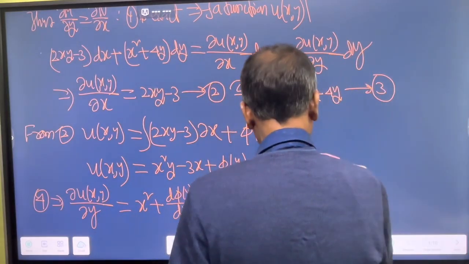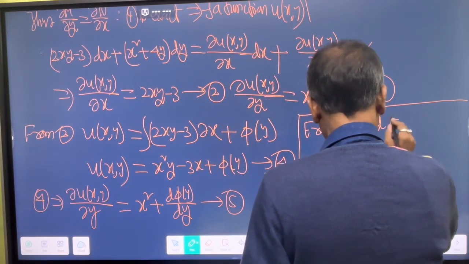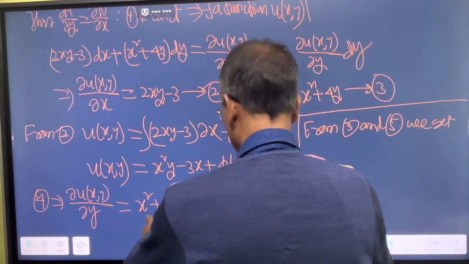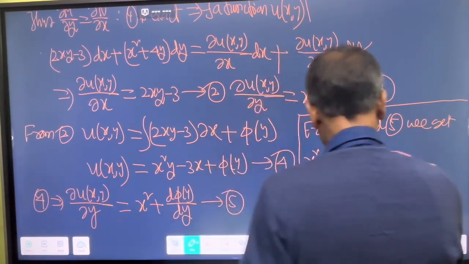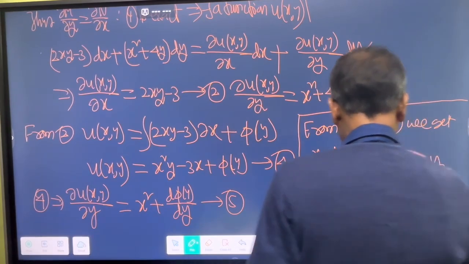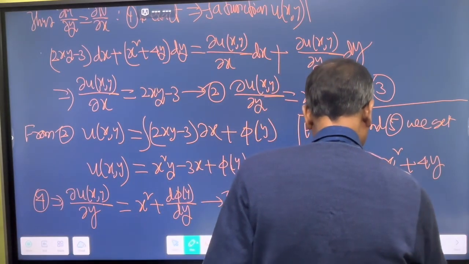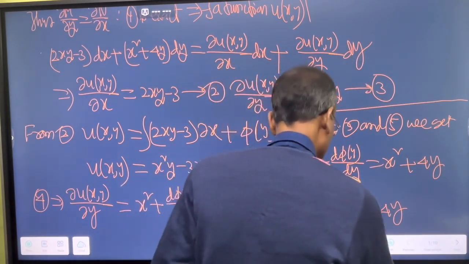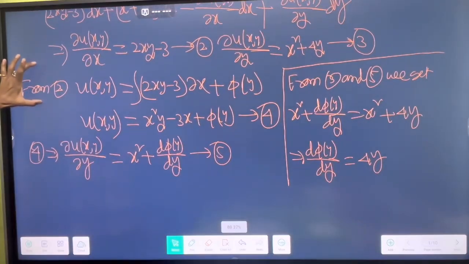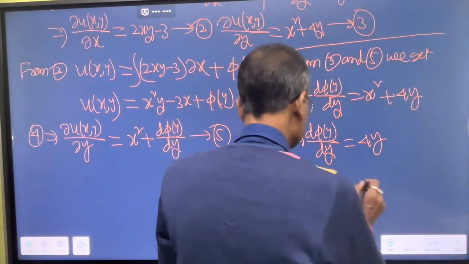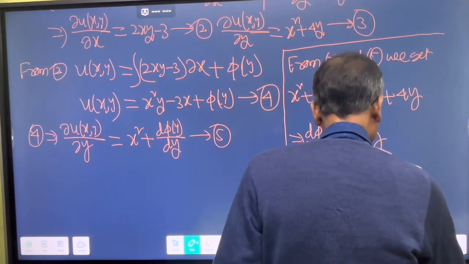From 3 and 5 we get x square plus d phi by dy equal to x square plus 4y. This means d phi by dy equal to 4y.